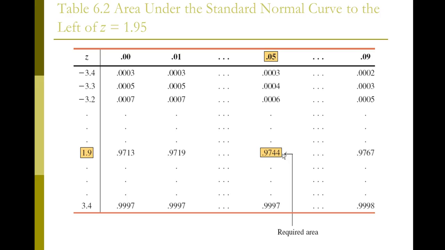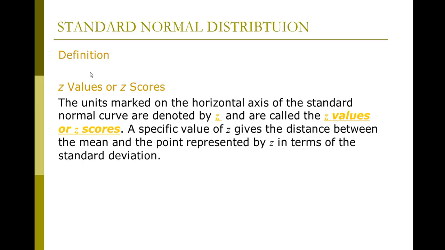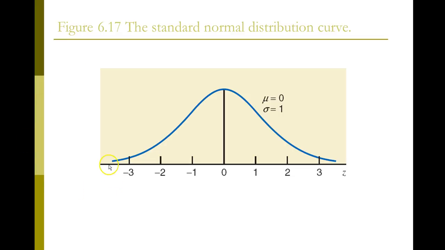You go to the table, and the table looks something like this. It starts out at -3.4, so that means it's starting out over here somewhere. So -3.4, maybe here, saying how much area is to the left of -3.4. Now, obviously, that's a very small amount, right? The area to the left of here is just a little bit.